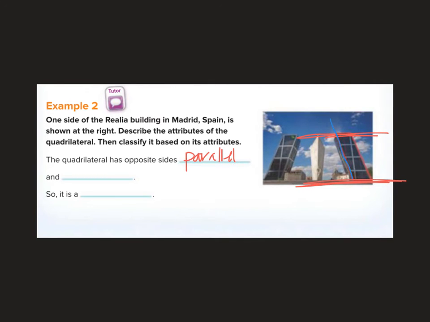And then we have this side and this side, equal distance apart. So opposite sides are parallel and congruent, right? The opposite sides are congruent. So it is a parallelogram.